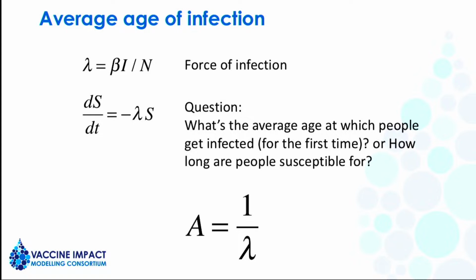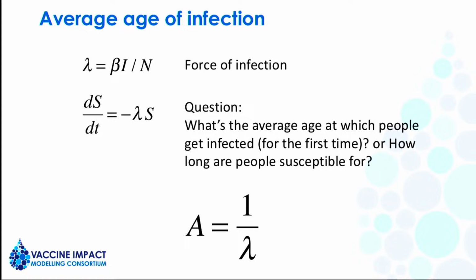Okay, so if we only wanted to think about our susceptible group, if we had 100 people starting susceptible, we might like to ask the question, on average, how long are they going to stay susceptible? How long before they get infected in their life? So we can rephrase that and say, what's the average age at which people become infected?